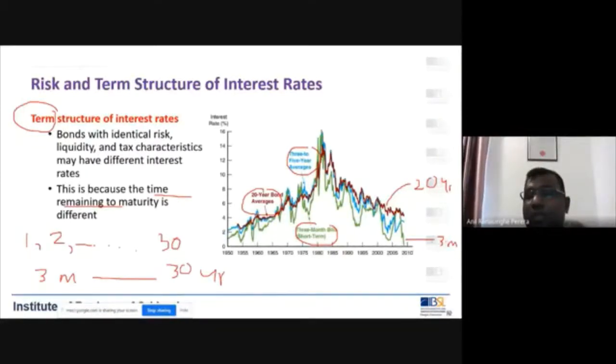For 3 months interest is lower, which means the risk is lower. So I hope that gives a clear understanding. As long as you have a higher maturity period, the interest you have to pay on the instrument will be higher.